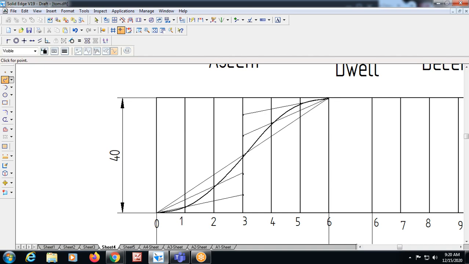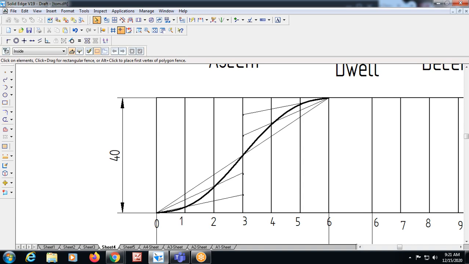So like this you'll be getting the curve. Make this curve a little bit darker. Same procedure you need to repeat on the return part.